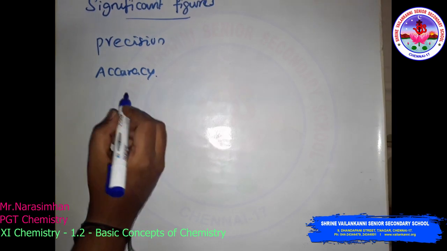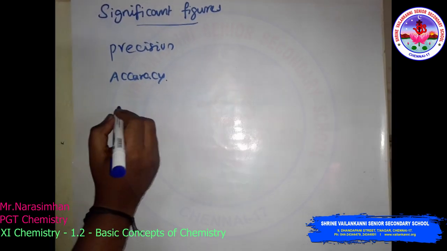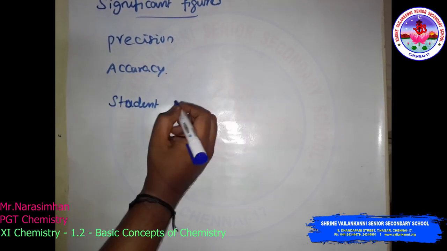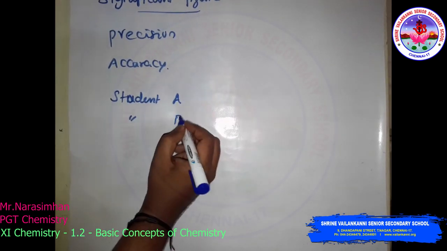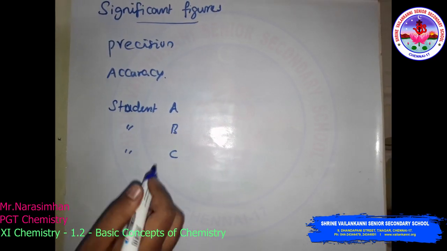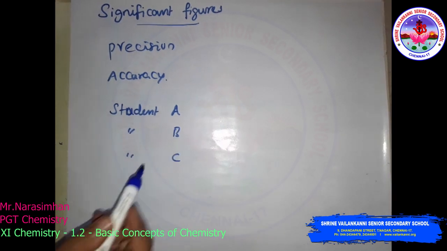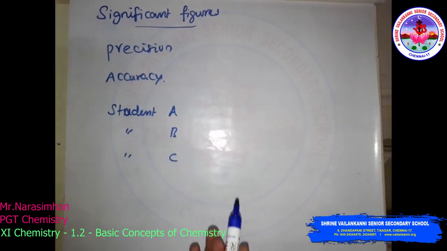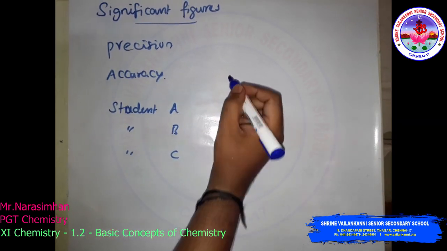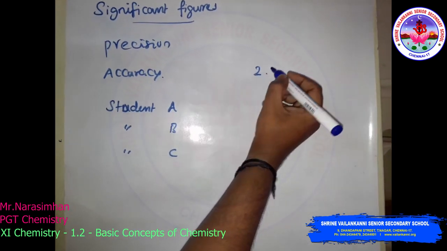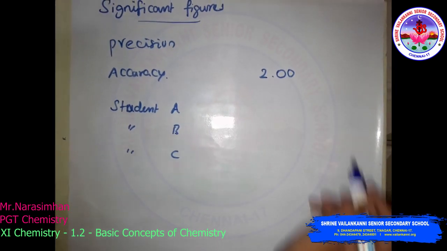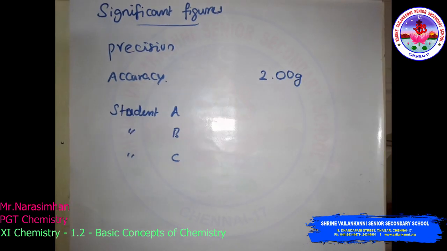For example, I give student A, student B, and student C the resultant for the value. For example, they have done some volumetric analysis, whatever it is. Just imagine the accurate value result is, we know, 2.00 grams on average.